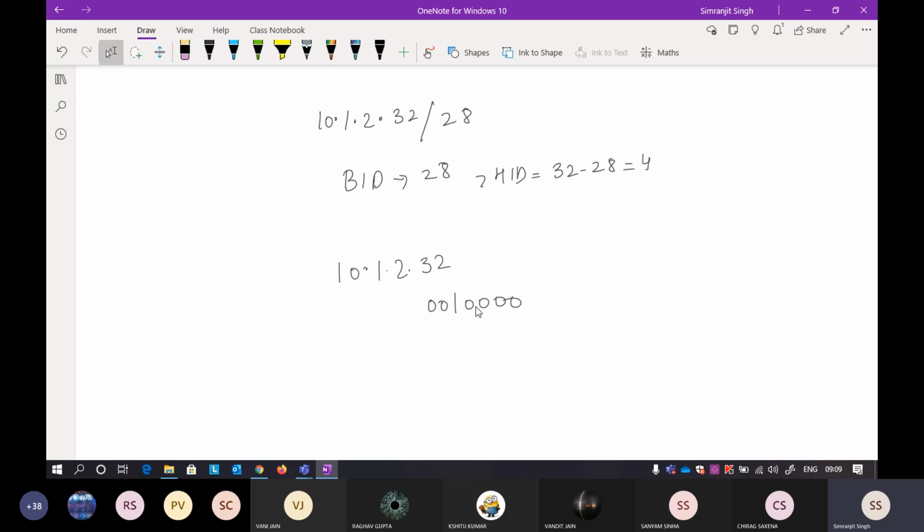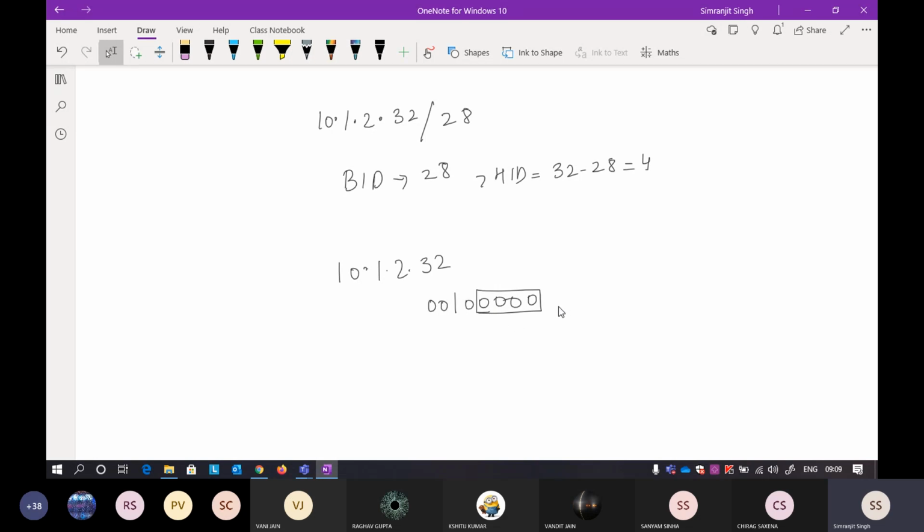Now take a look at the least significant 4 bits.